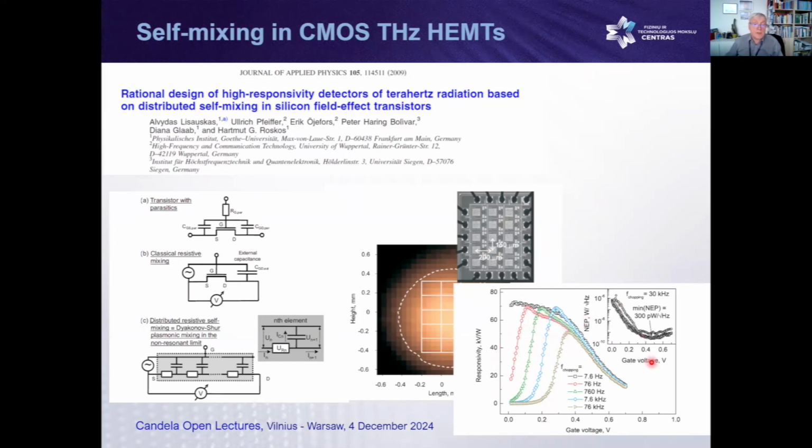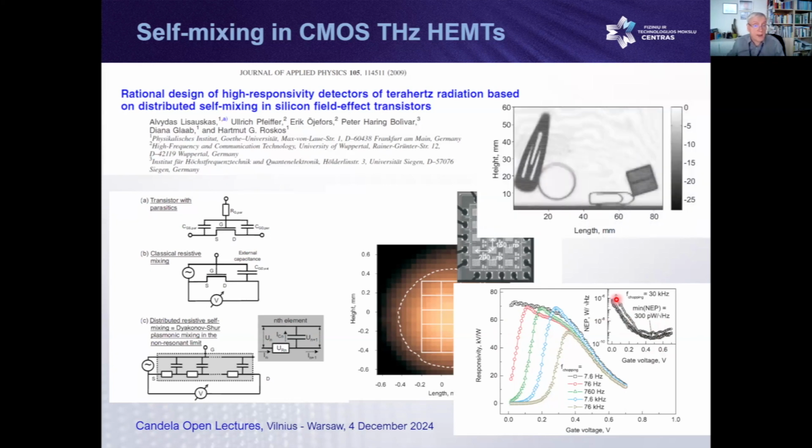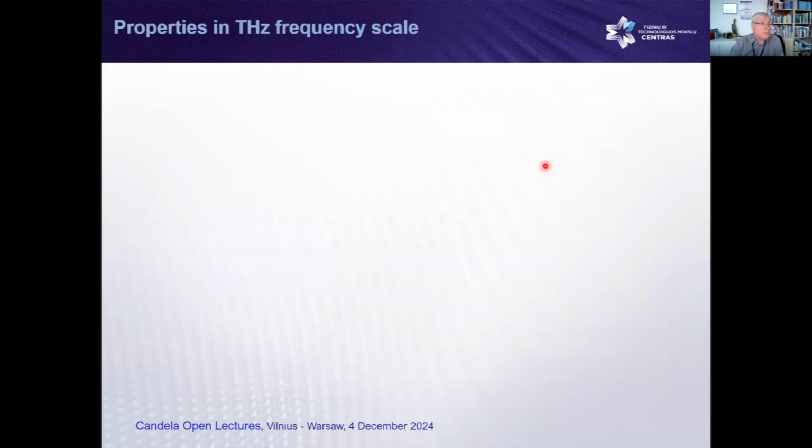It means huge numbers. But if you look at NEP, it is still 300 picowatts, higher than the Wojtek Knap group announced, but they found rational reasons. It was an array, and there was brilliant recording of images in this paper. So it was shown that in fact we can go not only with a single pixel, we can go with arrays, which allows us to record also in real time.